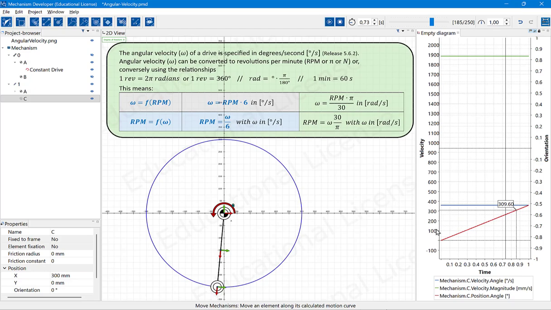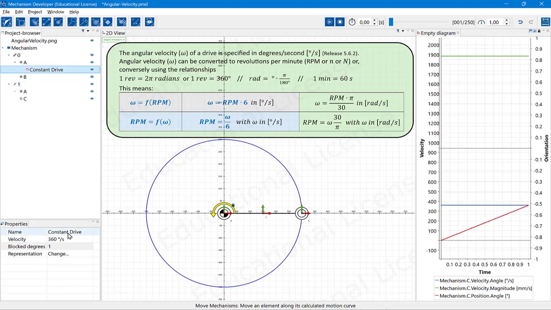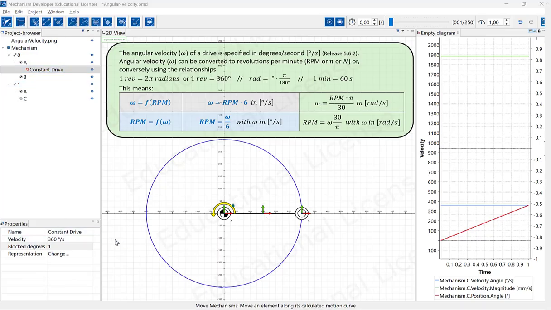This is the angle of this joint C. This is the angular velocity of this link or this joint, and this is the absolute magnitude of the velocity.